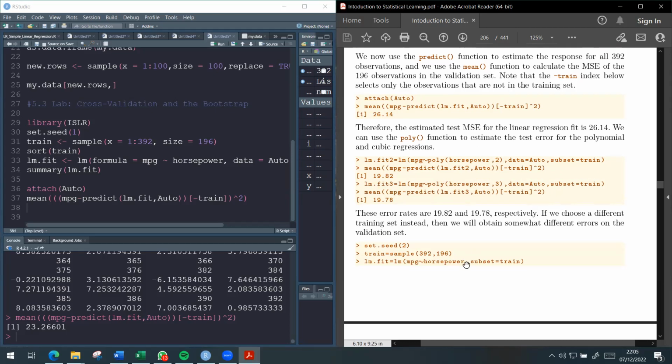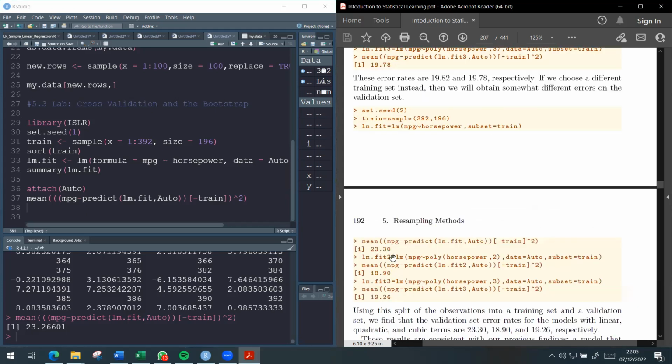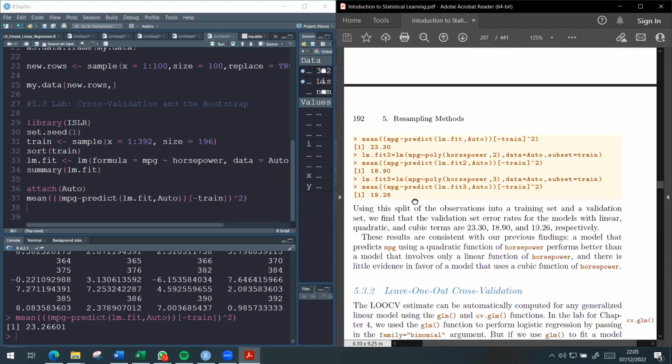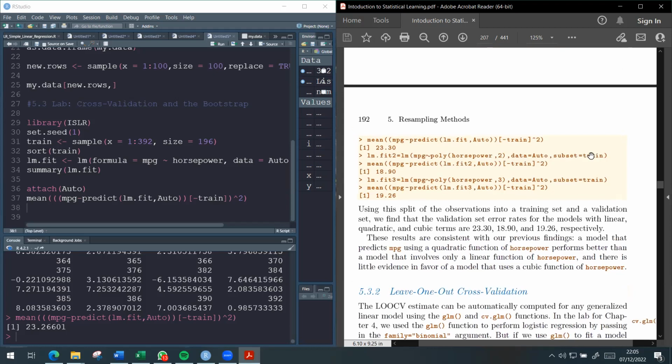If we choose a different training set instead, then we will obtain somewhat different errors on the validation set. So you get 23.30, 18.90, and 19.26. Using this split of observations into a training set and a validation set, we can find that the validation set error rates for the models with linear, quadratic and cubic terms are these 3.